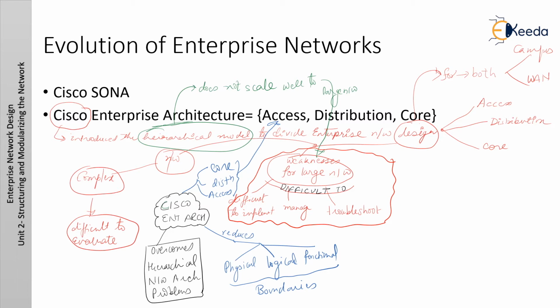An efficient method for solving and scaling a complex task is to break it into smaller and more specialized tasks. Networks can easily be broken down into smaller parts because they have natural, physical, logical, and functional boundaries. Okay, so these are the functional boundaries.